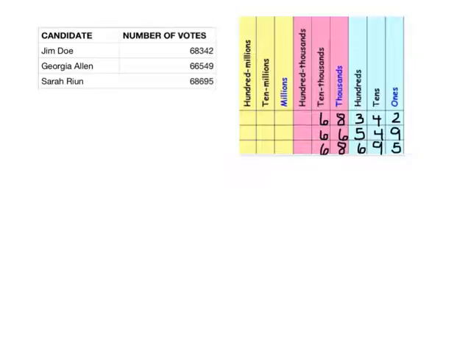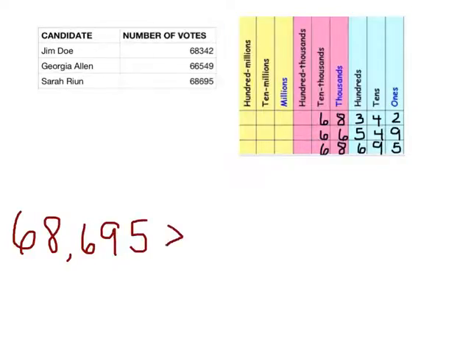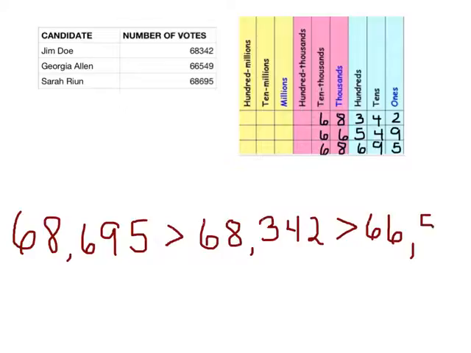And if we were to use our greater than, less than, and equal to symbols to put these numbers in order from the greatest to the least, we would start with Sarah's, and she had 68,695 votes, and that is greater than, our next person would be Jim, 68,342 votes, which is greater than Georgia's 66,549 votes.